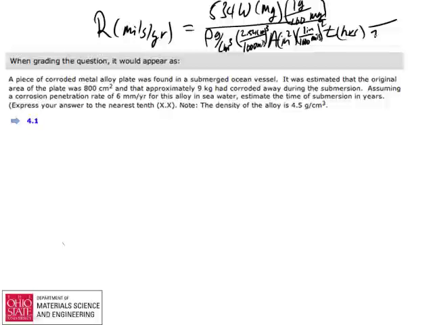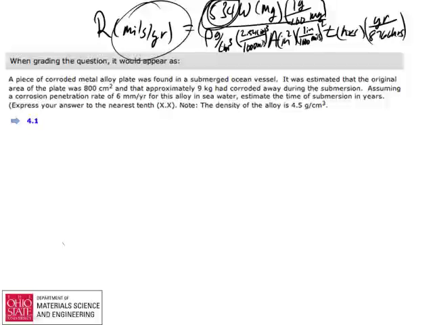There's 8,766 hours in a year, and if you do that, the hours cancel, left with years. When you do this, you can cancel all these units, and you'll end up being left with mils per year, and that's basically where that 534 ends up coming from.